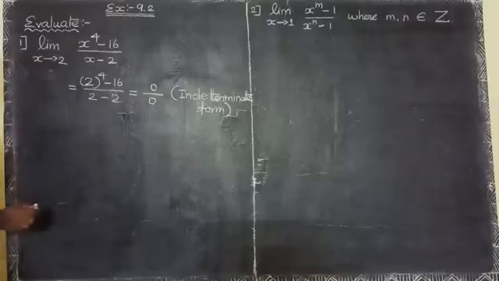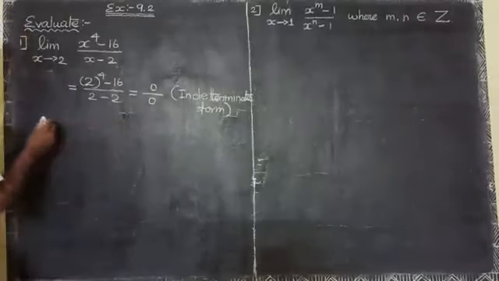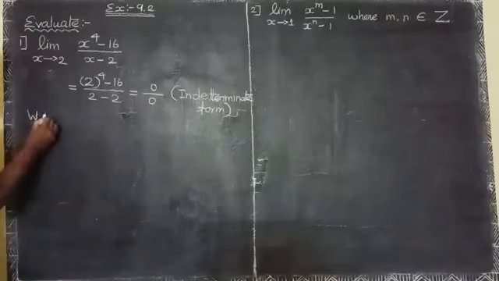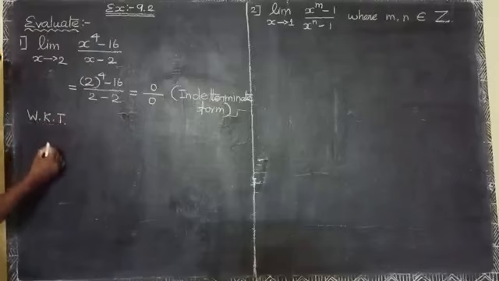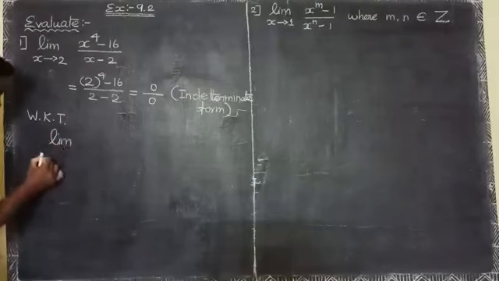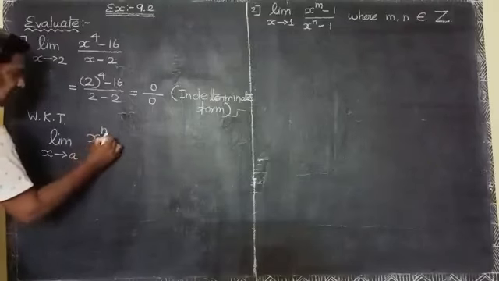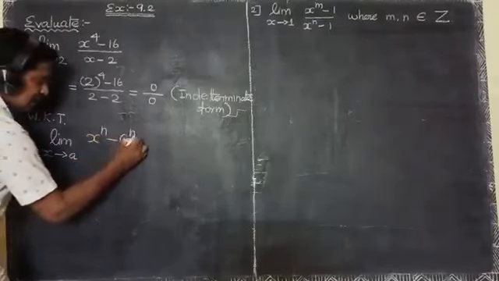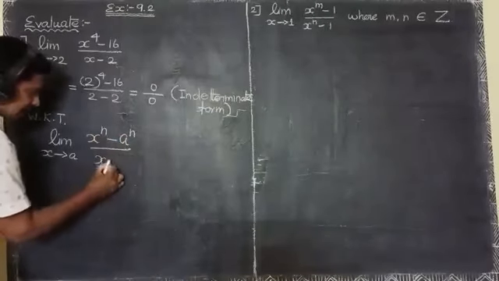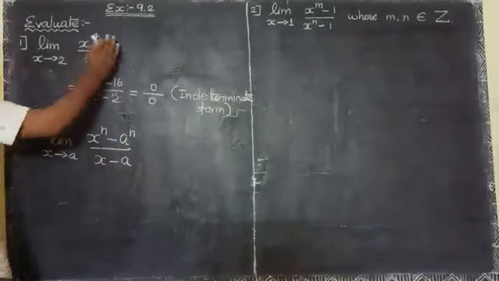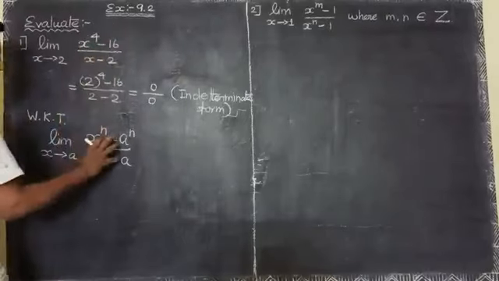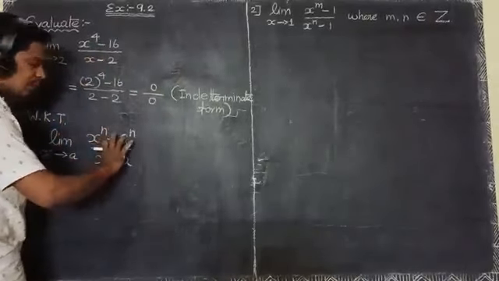Okay, here, using the property, we know that limit x approaches a, x power n minus a power n divided by x minus a. Any given function can be changed into this form.